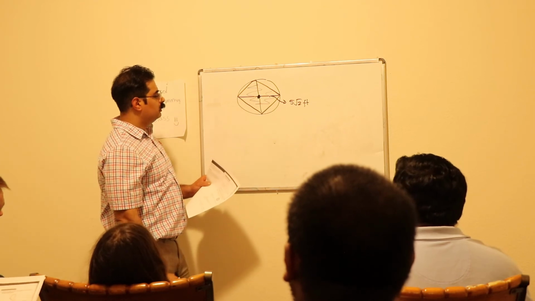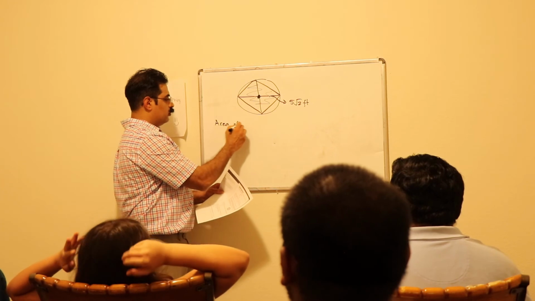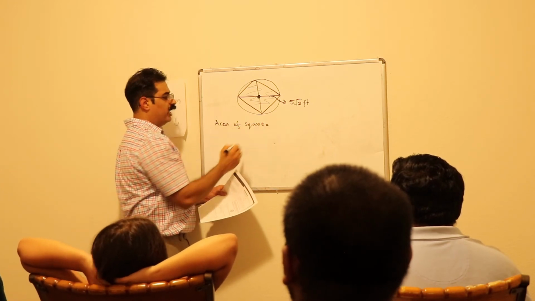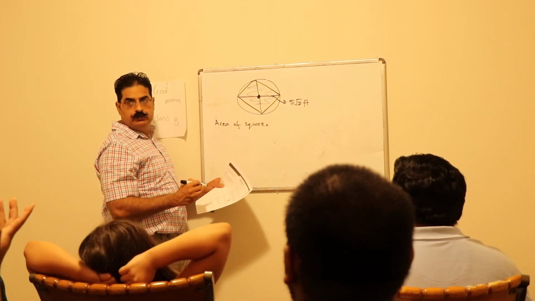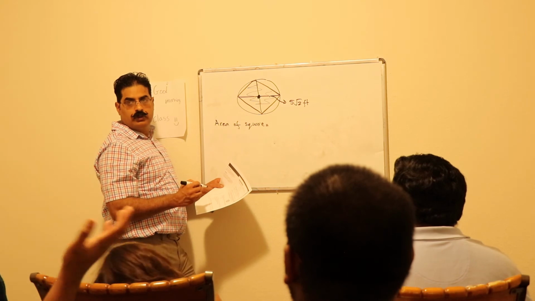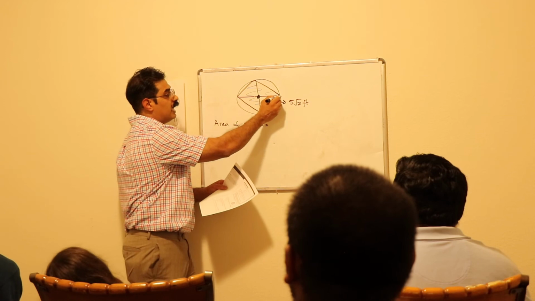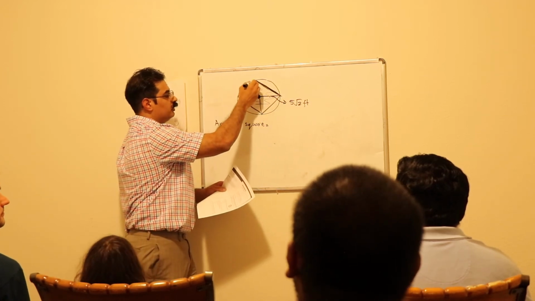What is the formula for the area of a square? S squared. What do you mean by that? By s we mean the side of the square.